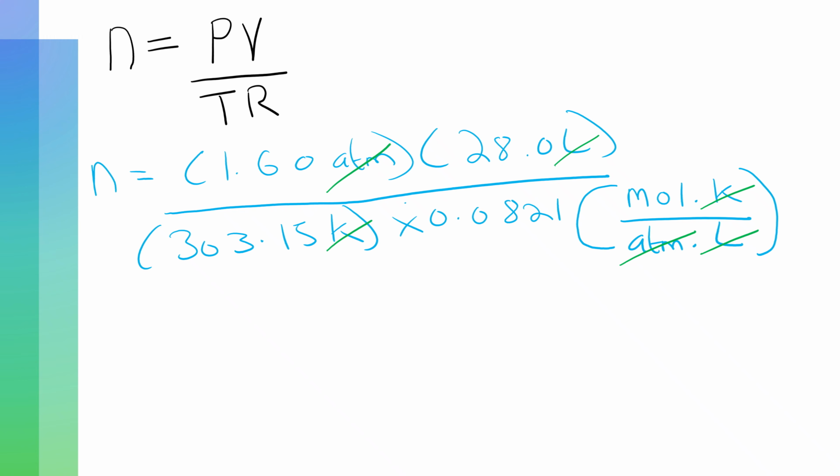So let's now do this calculation. 1.60 times 28.0 divided by 303.15 times 0.0821 to three significant figures is 1.80 moles of methane.